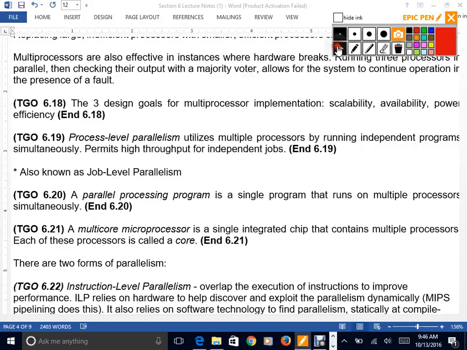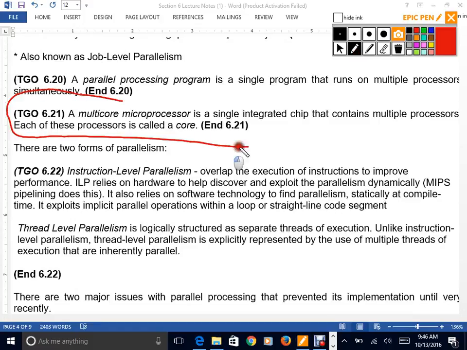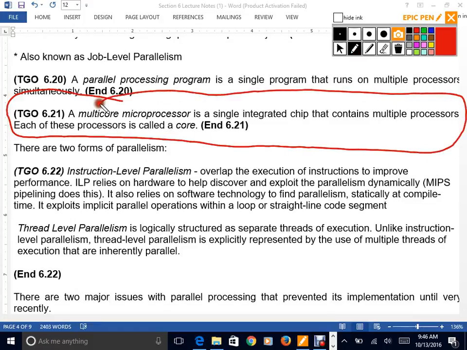And so a multi-core microprocessor is a single integrated chip that contains multiple processors. So we kind of learned a little bit about that at the beginning of the course, how you can have multiple processors on multiple chips communicate with data buses. But in this case, a multi-core multiprocessor is actually going to have one chip where you're laying it all out here.